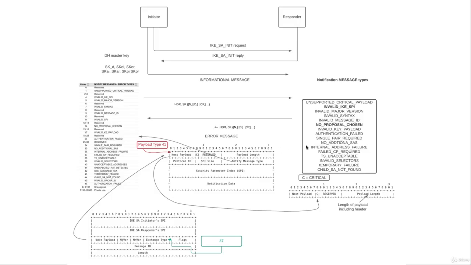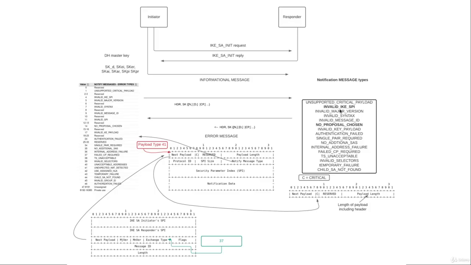Now another important error message to know right away is an invalid IKE SPI. This happens if the VPN device gets an IKE message with an IKE SPI that it doesn't know about. In this case, the recipient will have to be able to read this message. So, this error message is not encrypted, and the reason it's not encrypted is so that the other side can read the message.